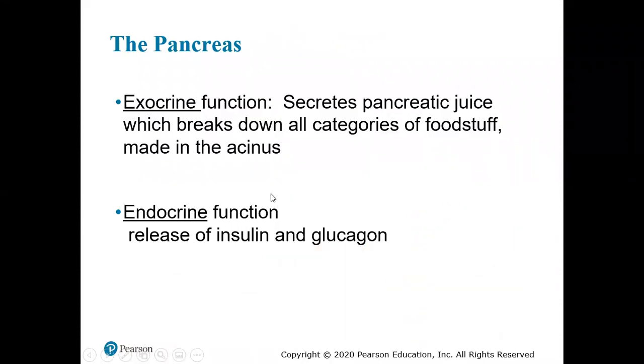The pancreas has endocrine functions that we've talked about in 1141 with the production and release of insulin and glucagon. For the digestive system, we will be focusing on its exocrine functions. It secretes pancreatic juice, which is made up of several enzymes, which we'll be discussing in the secretion trip.